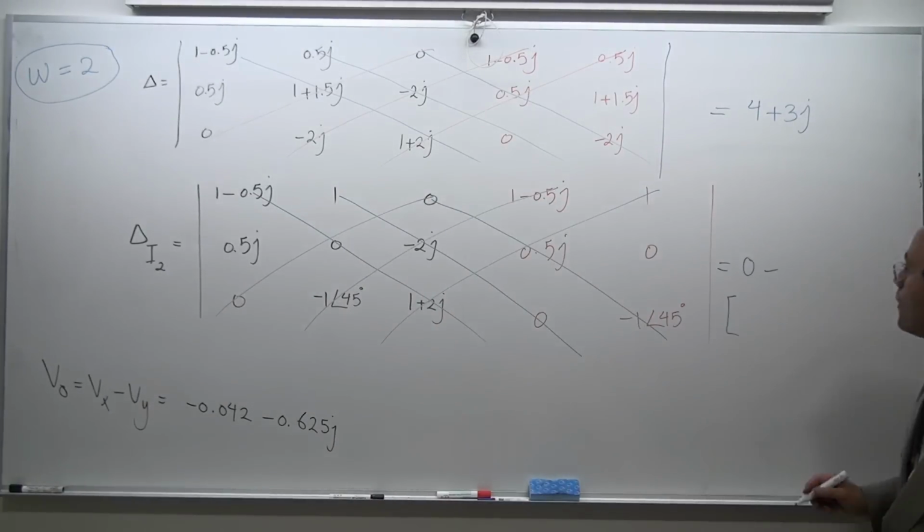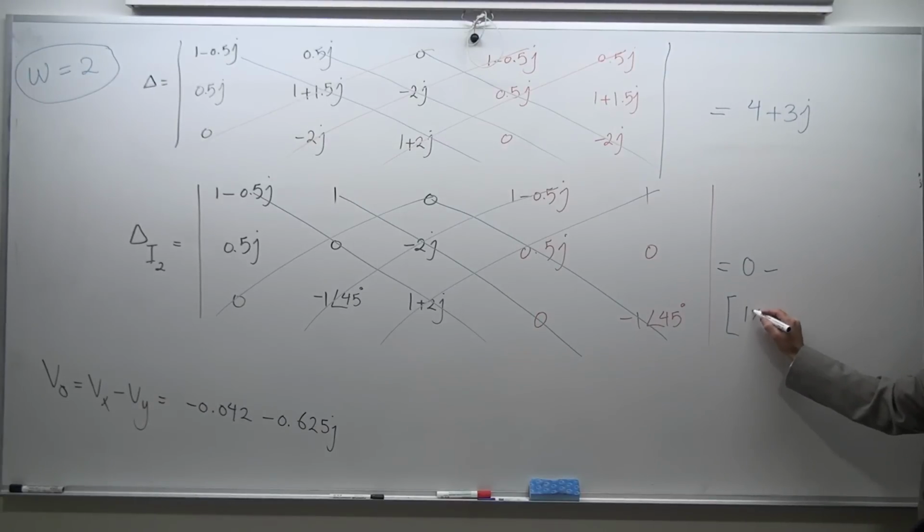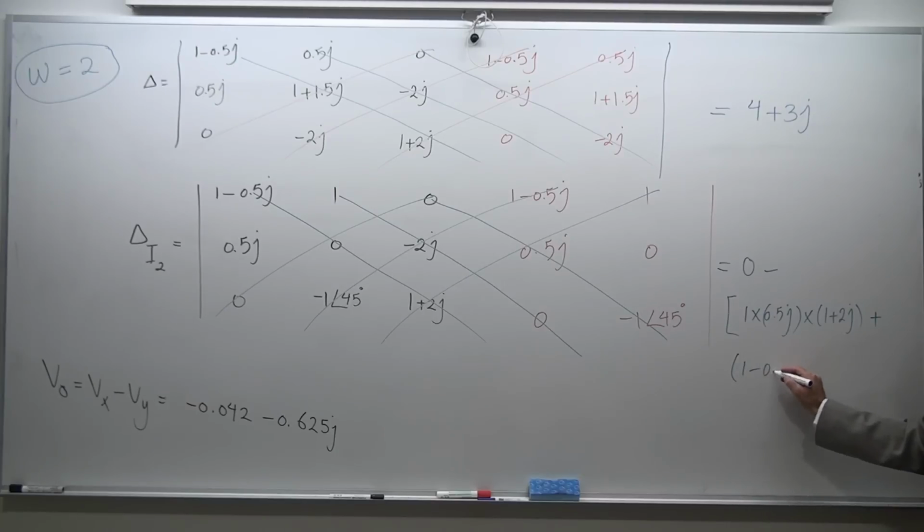So I have two components to write. So it's 1 times 0.5j inside bracket times 1 plus 2j inside bracket. That's this. Plus, remember this minus is going to be applicable on this one. Plus 1 minus 0.5j times minus 2j times minus 1 angle 45 degrees.